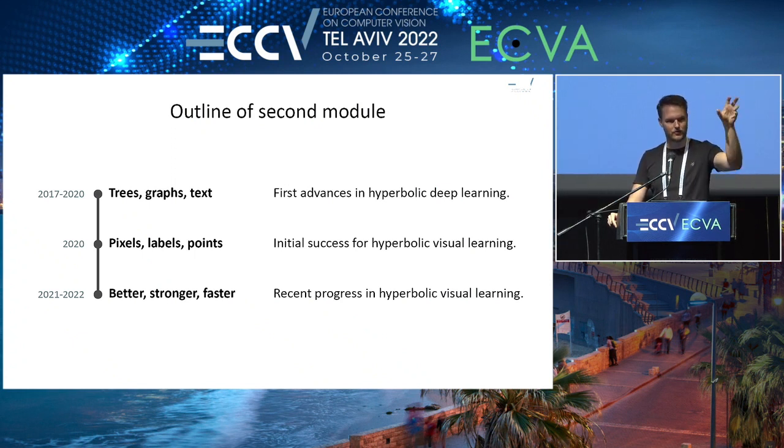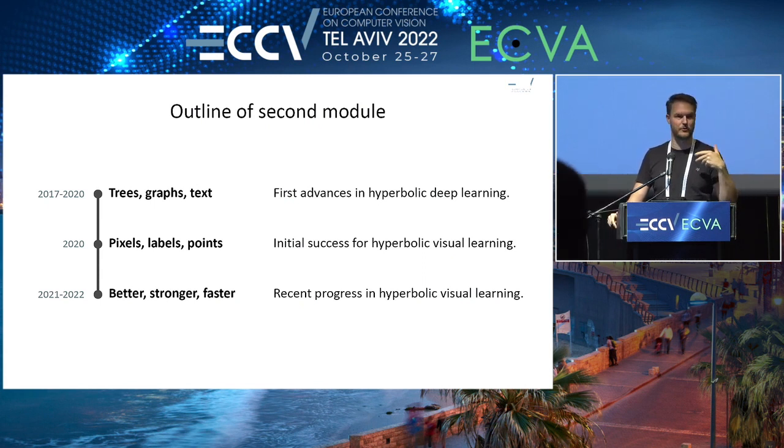And based on those starting points, we'll talk about the first works in computer vision, especially in the deep learning era. There have been, in previous eras, hyperbolic geometry for computer vision, but I'm going to specifically talk about deep learning with hyperbolic geometry. And then we'll cover the last 2 years where we see papers building on top of those initial works to make them better.